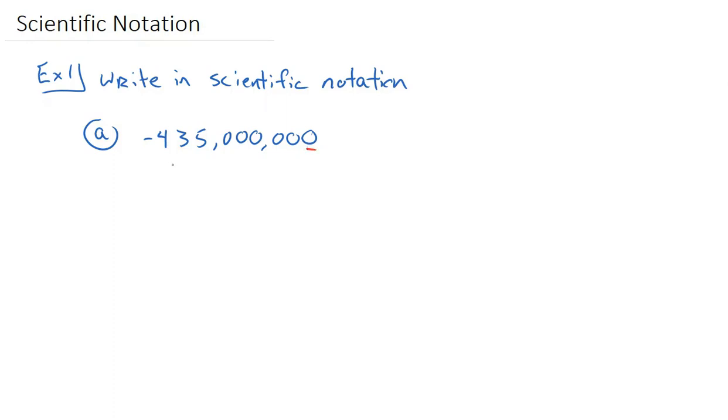So we need to get our decimal here so that we have that 1 and only 1 digit in front of the decimal. So all these other place values are going to be powers of 10 we shave off. So there's a total of 8 of them there. So this becomes negative 4.35 times 10 to the 8th.